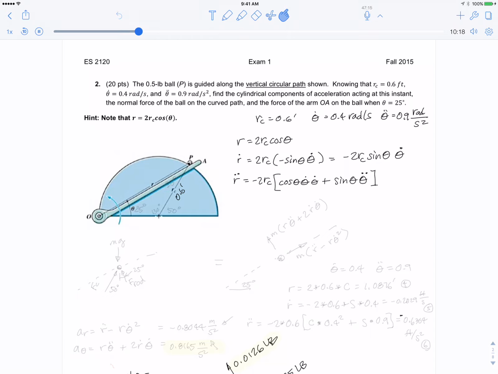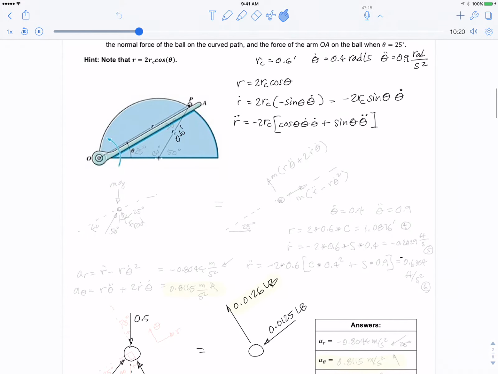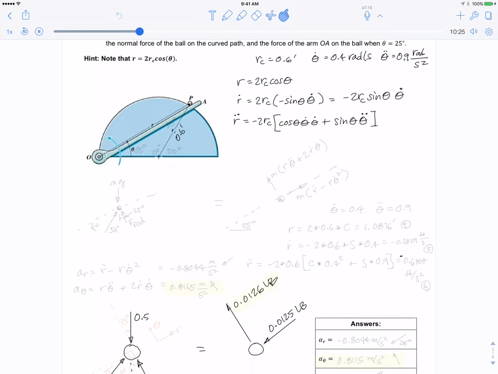It takes some time to plug in the numbers. We'll do that a little later. Okay, so now let's draw the free body diagram and continue from there.